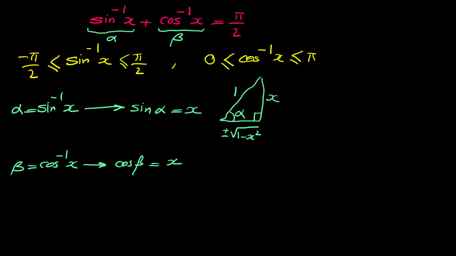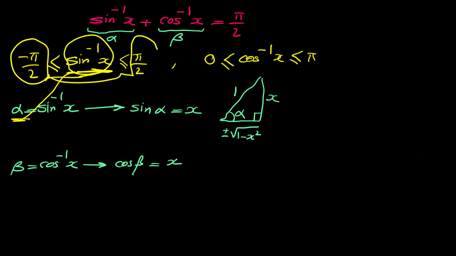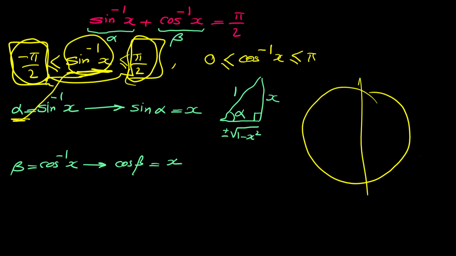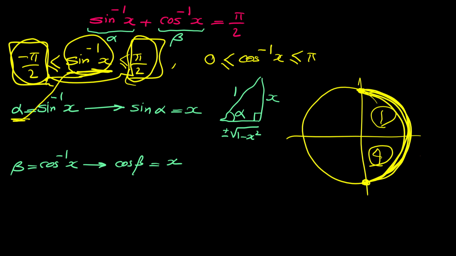But attention, the angle alpha, which is sine inverse of x, is always between negative pi over 2 and pi over 2. When an angle is between negative pi over 2 and pi over 2, it means that angle is in quadrant 1 or quadrant 4. Negative pi over 2 is here, pi over 2 is here. In this region, which is quadrant 1 and quadrant 4, the cosine is always positive.